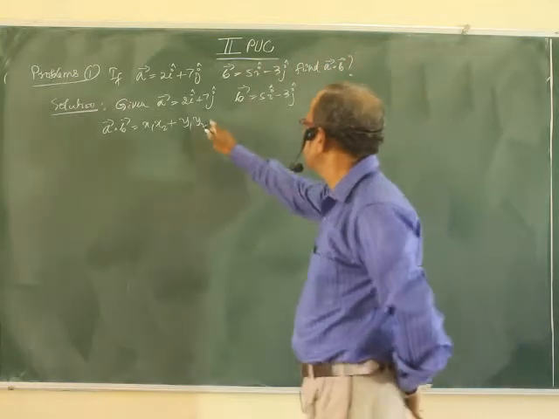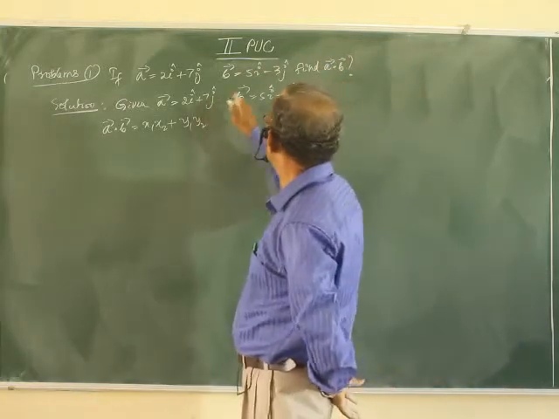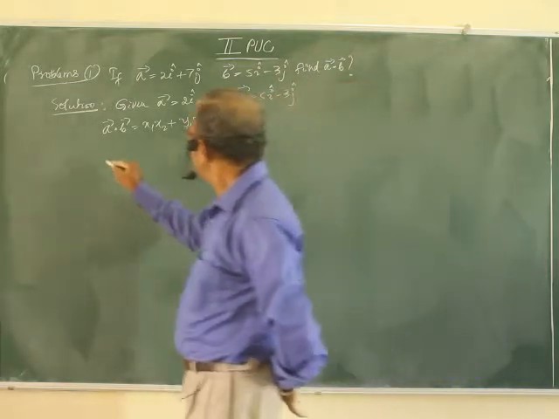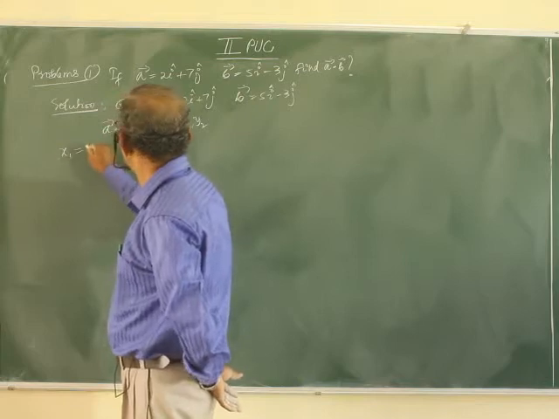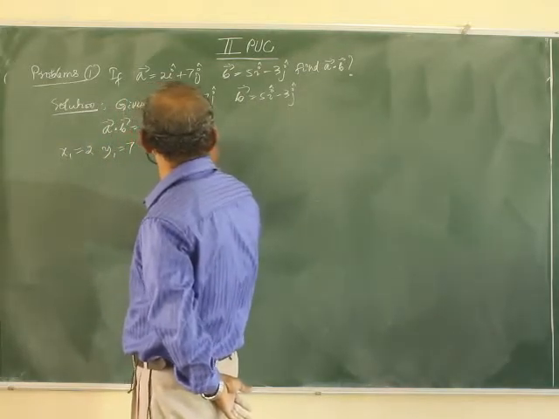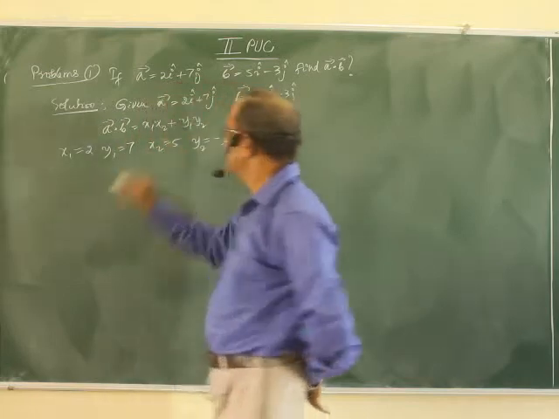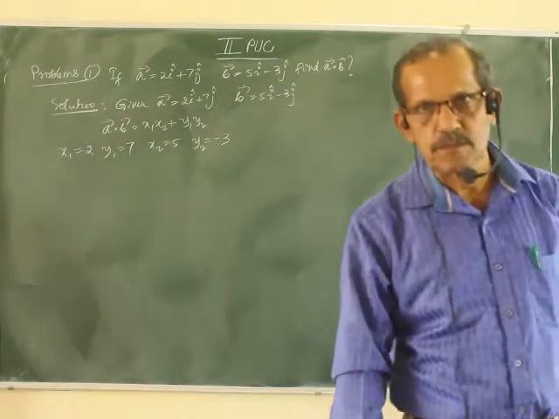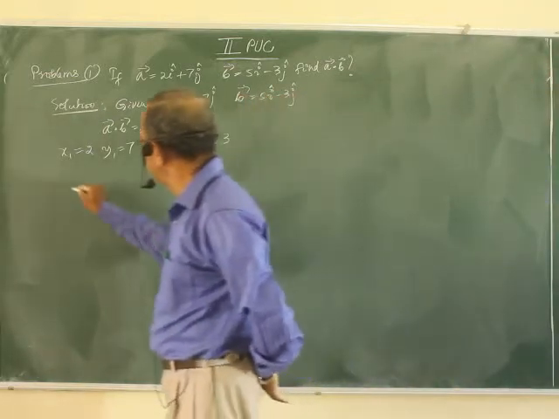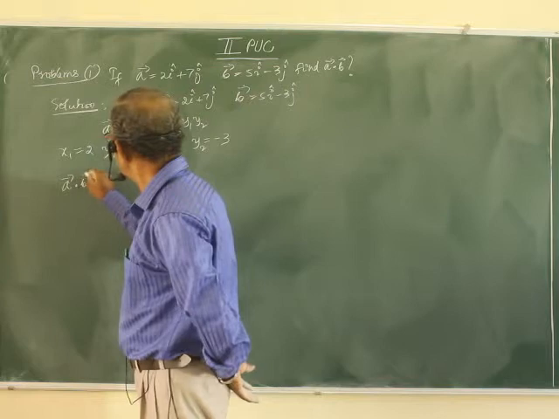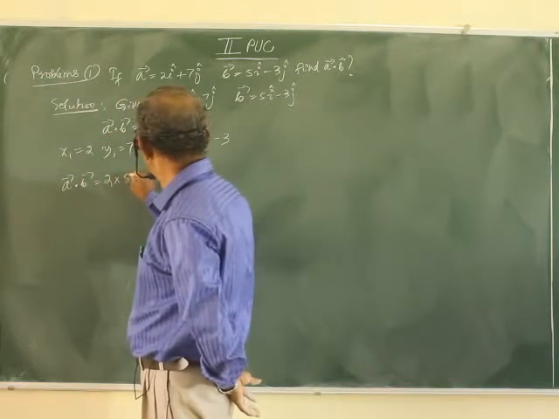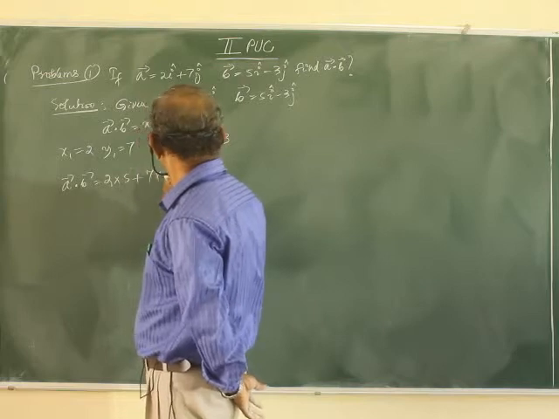If you are writing the next term also, you have to say it is 0 into k. Let me list: x1 is 2, y1 is 7, x2 is 5, y2 is minus 3. Right? Now, A dot B equal to x1 x2 plus y1 y2.